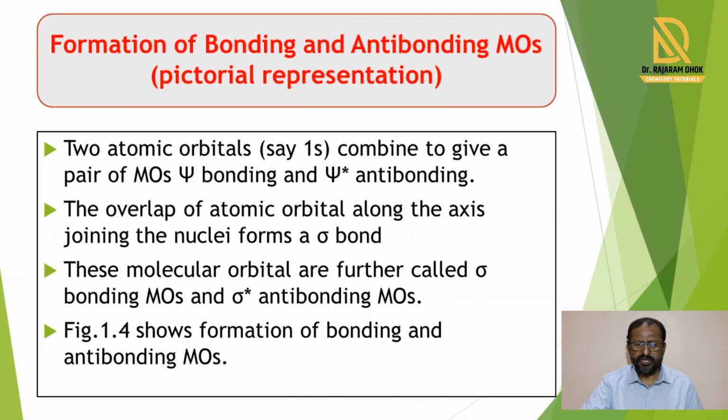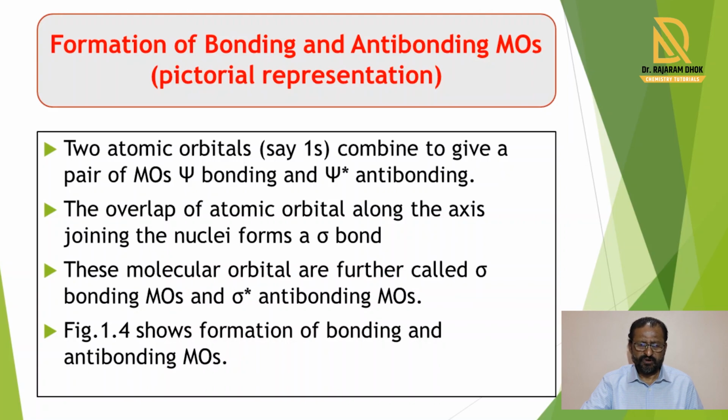So how these bonding and antibonding molecular orbitals form, we see with the help of pictorial diagrams. When two atomic orbitals, say the 1s atomic orbitals, combine, they give molecular orbitals, denoted by psi.